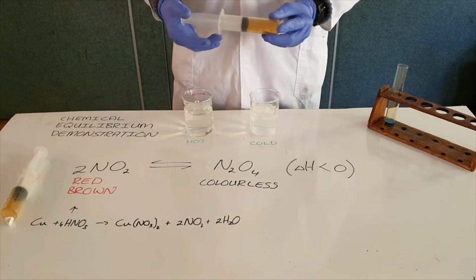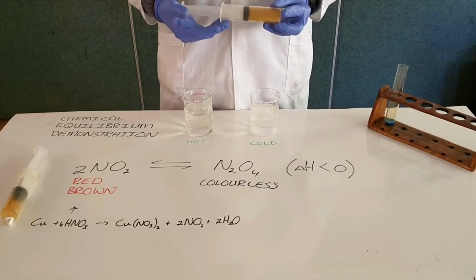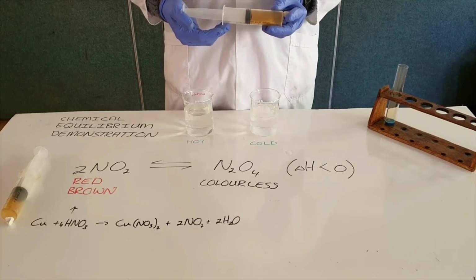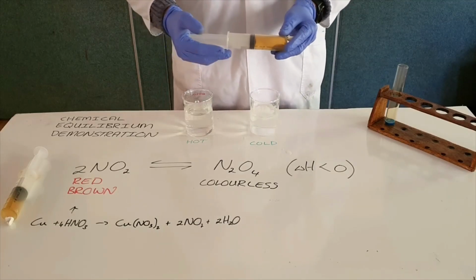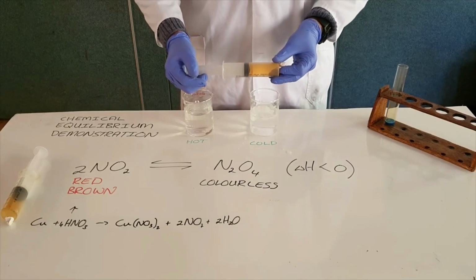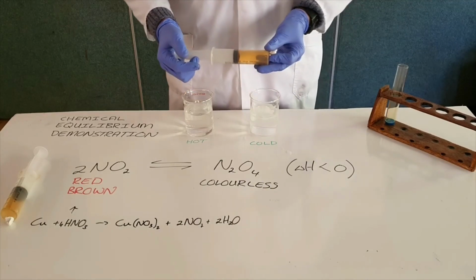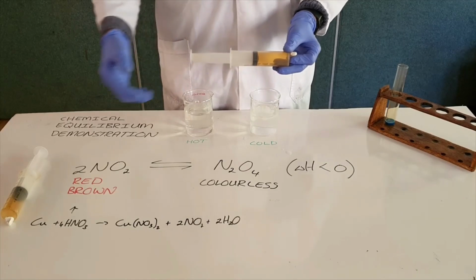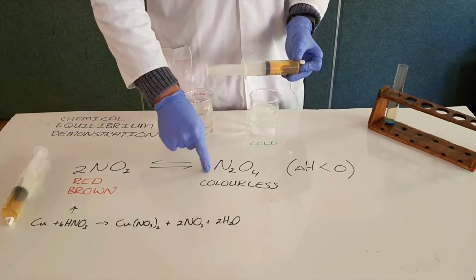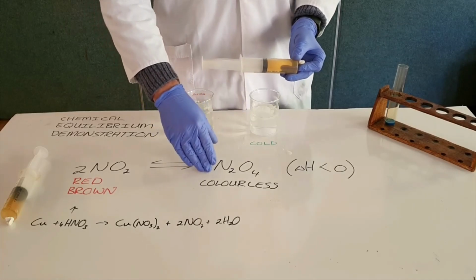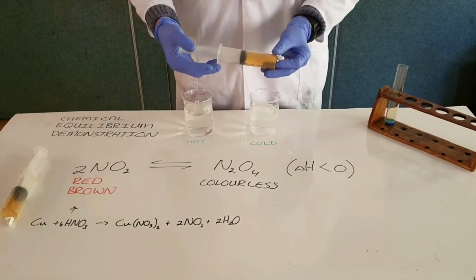So we can imagine that when we increase the pressure on this system, when we decrease the volume, basically compress the syringe, there's now less space available, and Le Chatelier's principle says that this reaction is going to counter that by favoring the reaction that produces fewer molecules, which in this case we can see is the forward reaction.